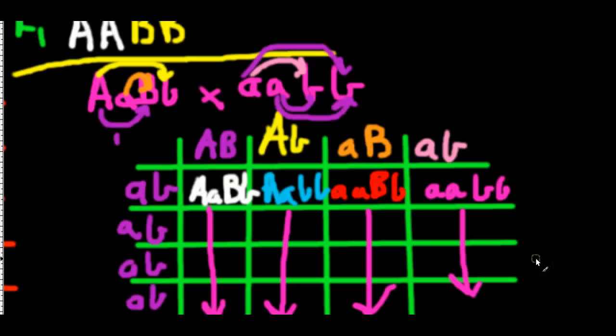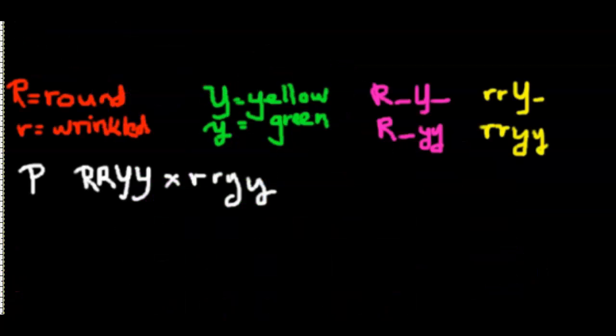Okay, now let's go ahead and do a heterozygous times a heterozygous, and now we're actually going to do a little more work, and we're going to use some different letters. And this page is in your handout. Alright, so we have 2 different traits, round or wrinkled, or yellow and green.